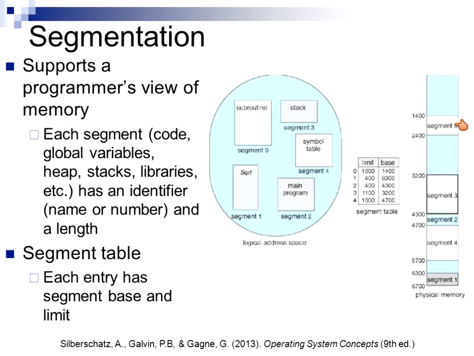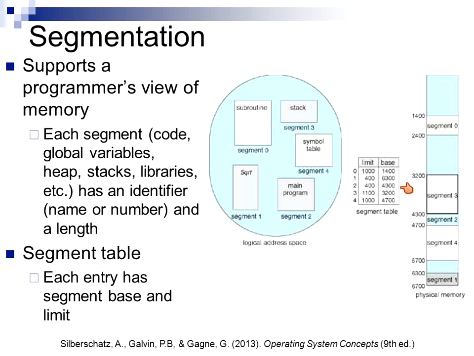Okay, so segmentation is a solution where every segment has an identifier and a length. Okay, and that's listed here, the identifier and a length. And the identifier here is kind of the segment number, which is an index into this table. And it has the length, that's the limit.